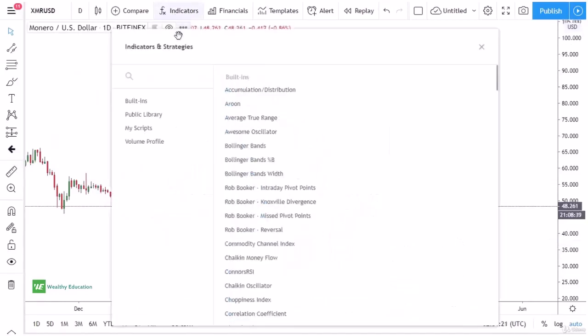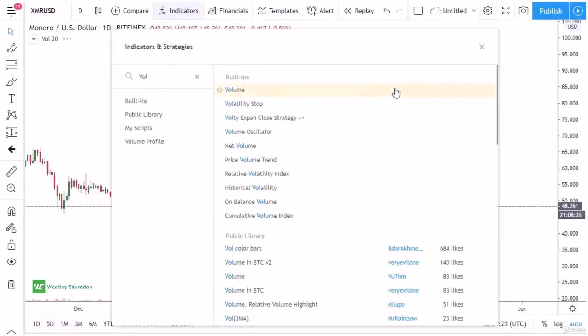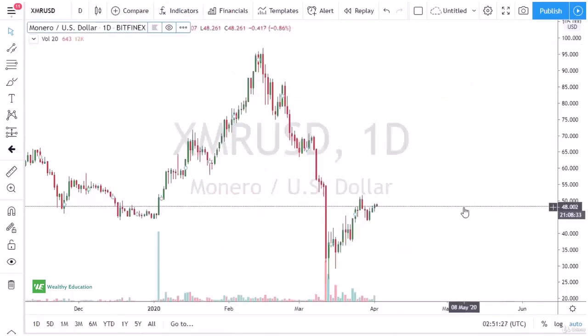Let's go ahead and put the volume indicator on. That will give us an idea of momentum. Like this candlestick here, for example, huge volume shot to the upside. So clearly, if you're going to take a trade based upon that, right here at the bottom of this candlestick is a good stop loss.